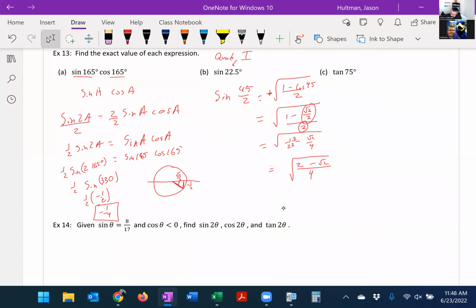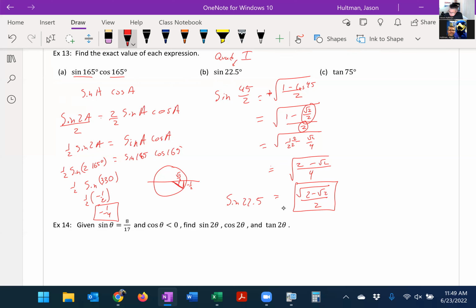And if I take the square root of the top and the square root of the bottom, I get the square root of 2 minus radical 2 all over 2. That would be the exact value. A little complicated with the radical inside the radical, but hey, at least it's an exact value. And what is this going to be? The sine of 22.5. We could plug this into our calculator and see that those do come out. If I take the sine of 22.5 and I do the radical 2 minus radical 2 all over 2, those should come out with the same value.